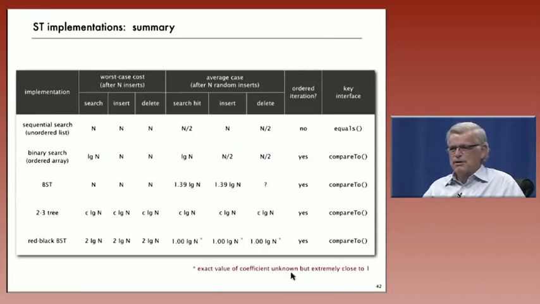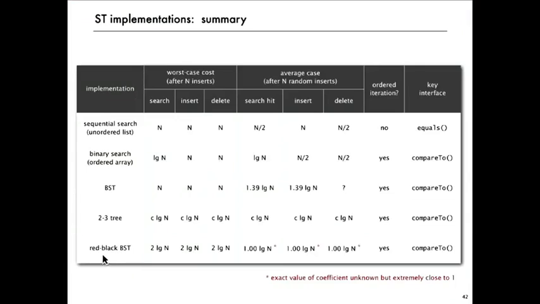So that completes our summary for symbol table implementations. With Red Black BSTs, we have full code. It's the regular BST code with a couple of lines adding the calls on the basic operations to rotate right, rotate left, and color flip, and we get guaranteed logarithmic performance.